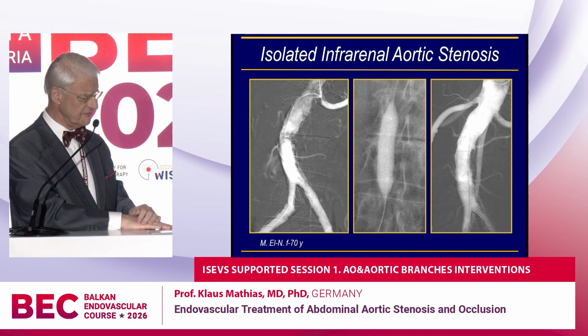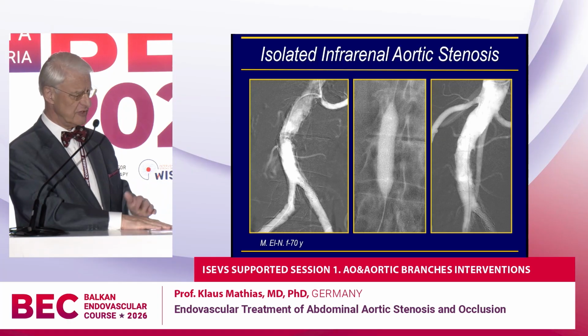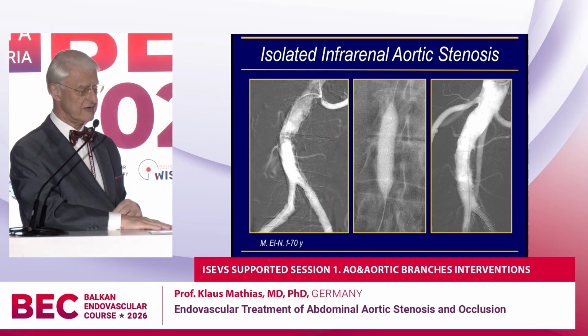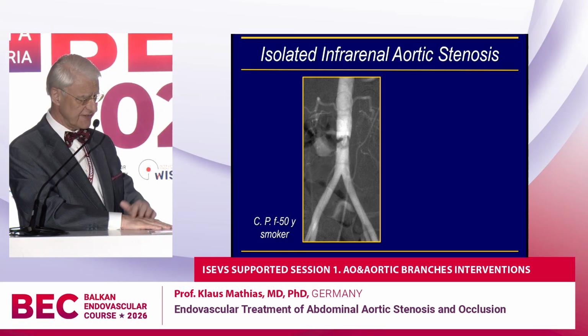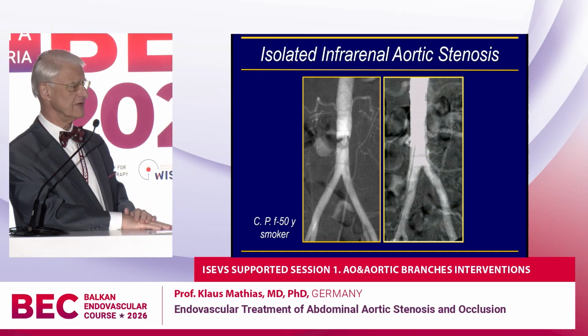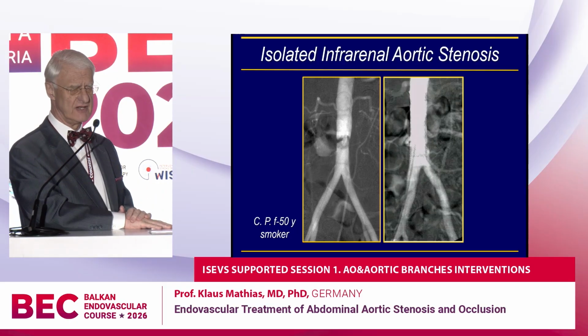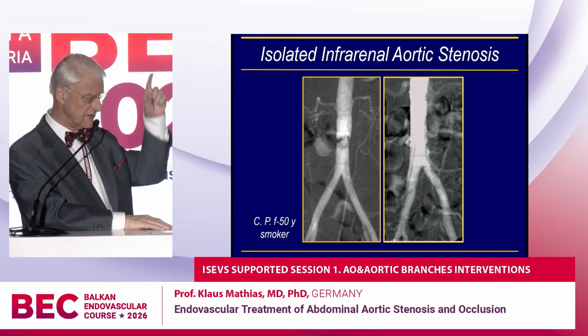That's a 70-year-old lady. Again, an eccentric lesion with ballooning and endograft placement, also a good result. Next. Here again, a 50-year-old lady. Next. Also a fine result. So with these endografts, we get really good results in combination with ballooning.